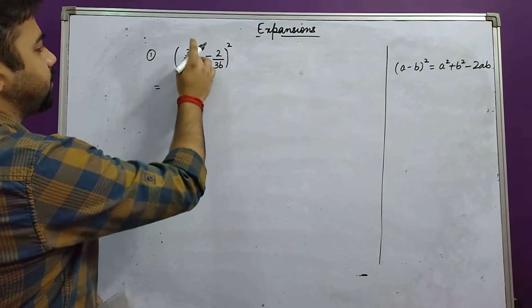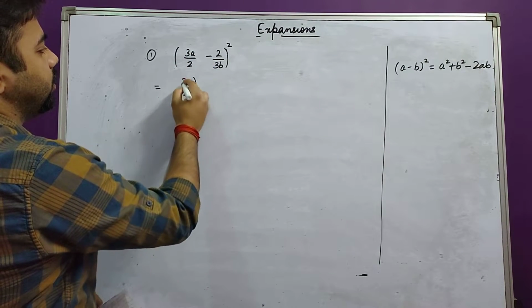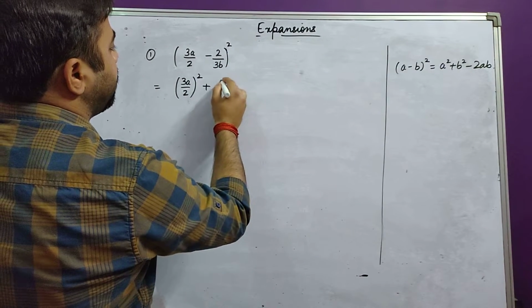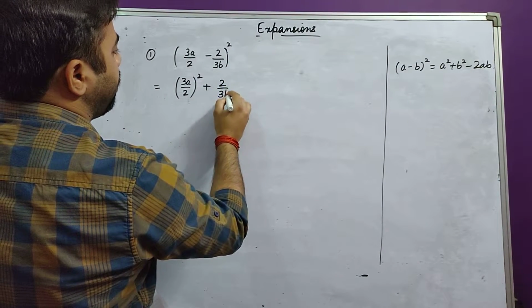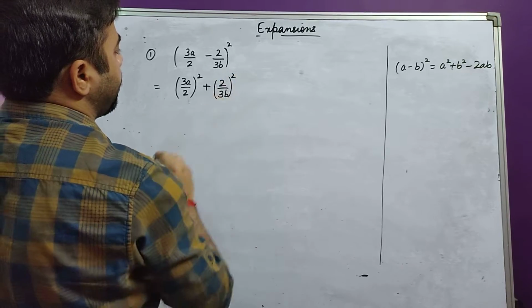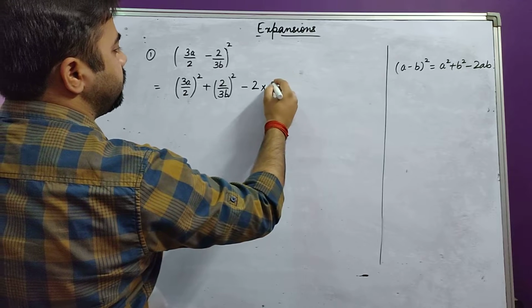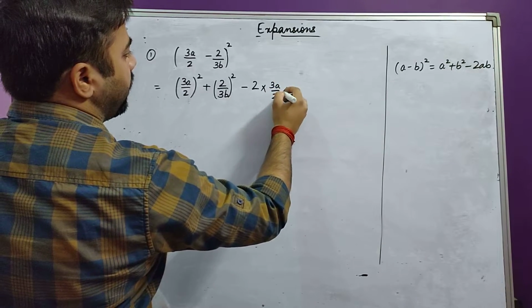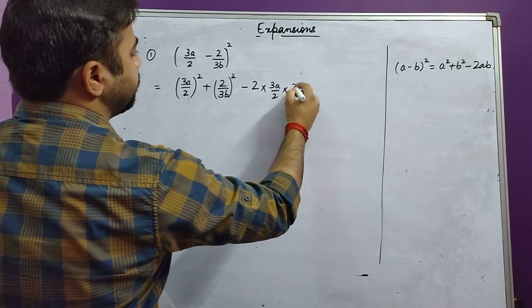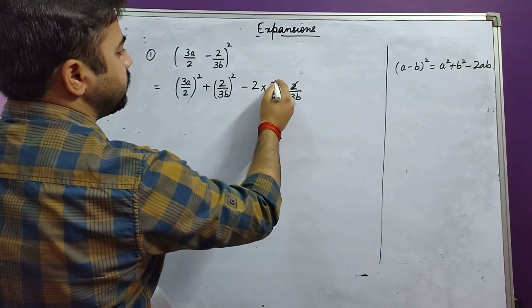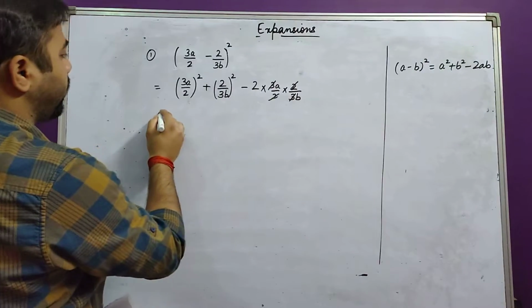First term, that is (3a/2) whole square, plus second term (2/3b) whole square, minus 2 multiplied by first term multiplied by the second term. Just cancel out, and see what we are left with.